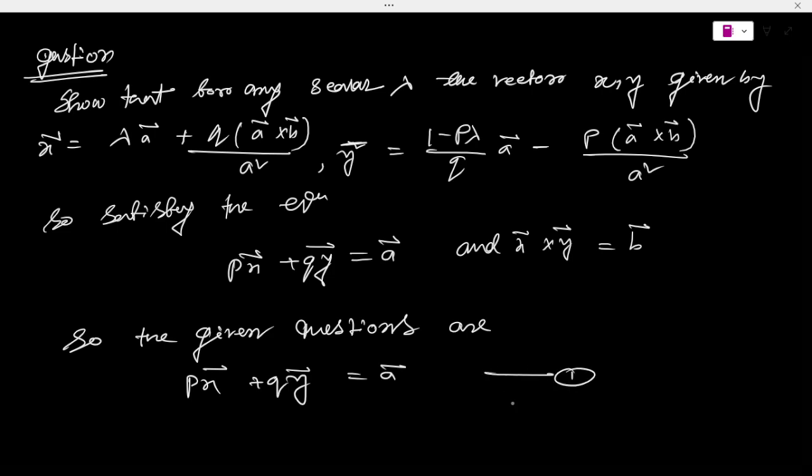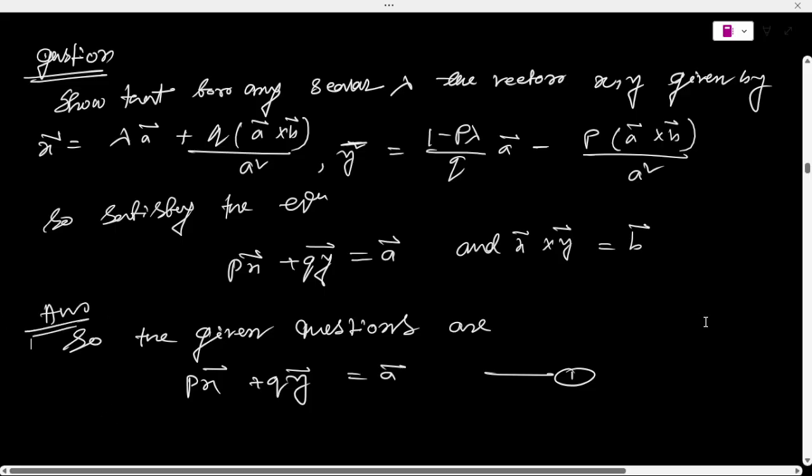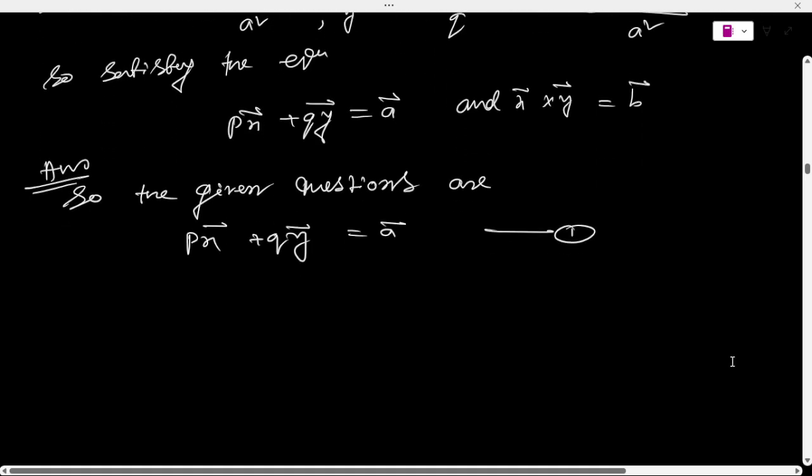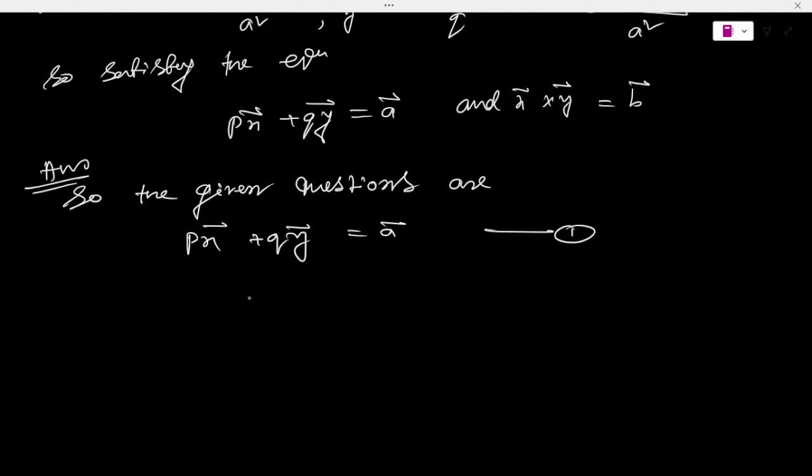This is number one equation, okay. And number one and number two, x cross y is equal to given b. So I am writing this as second equation, number 2, okay.